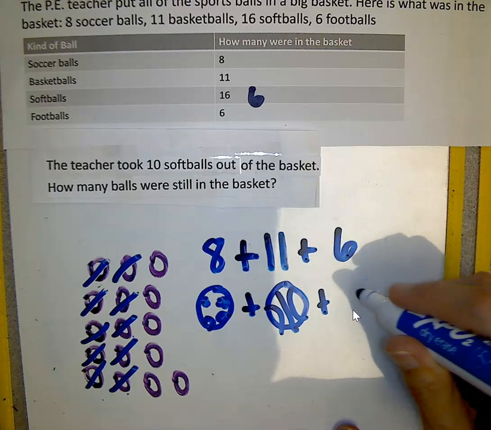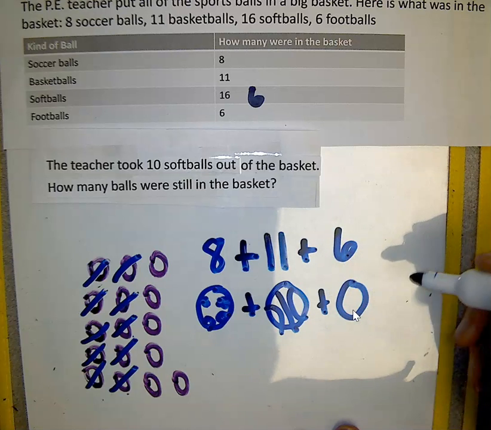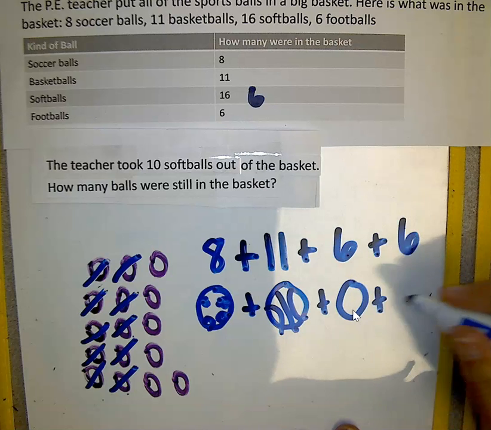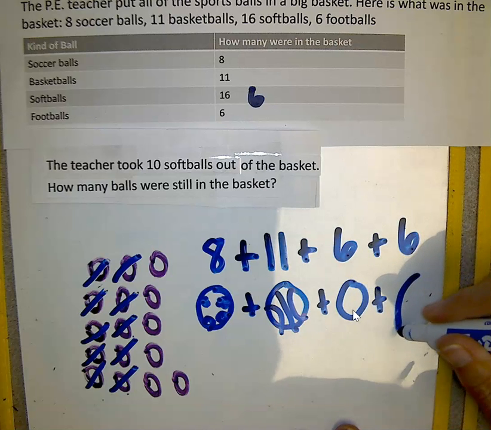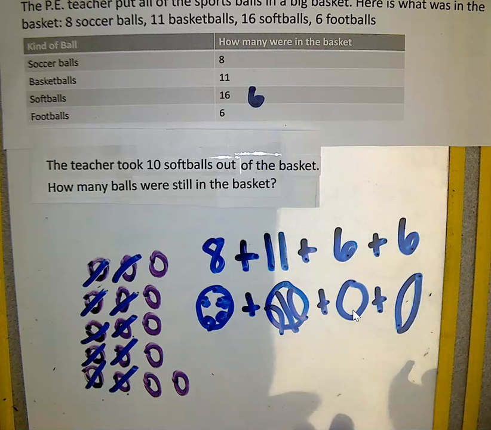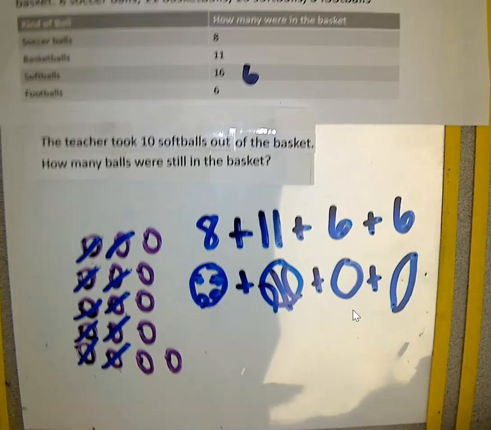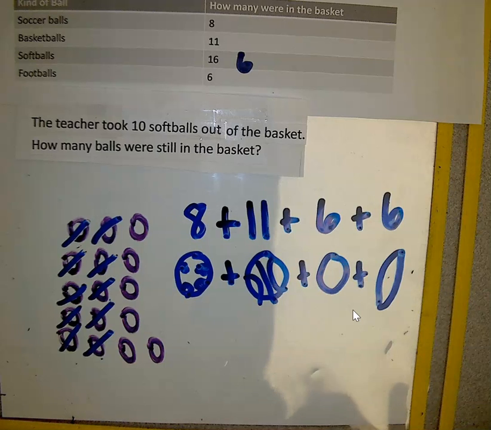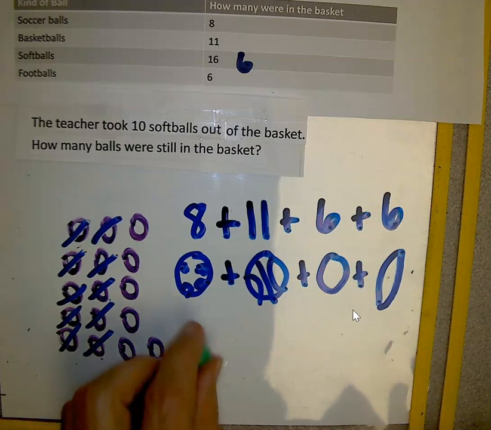That's right, I only have 6 softballs and I have 6 footballs. Footballs are shaped a little differently, aren't they? So we're going to add these up. Let's add them. You ready?